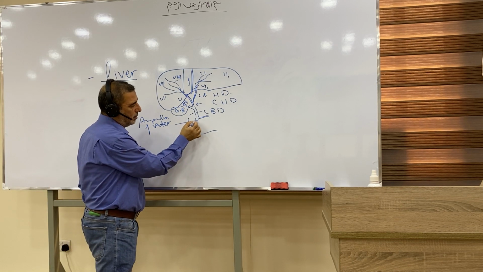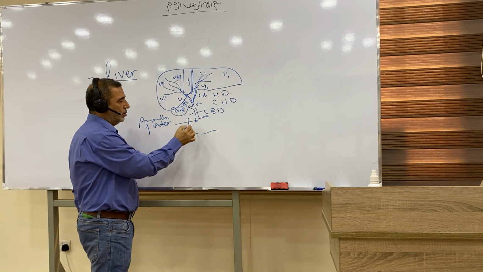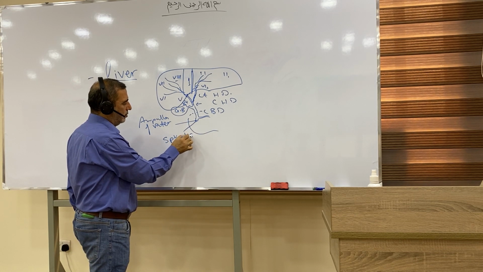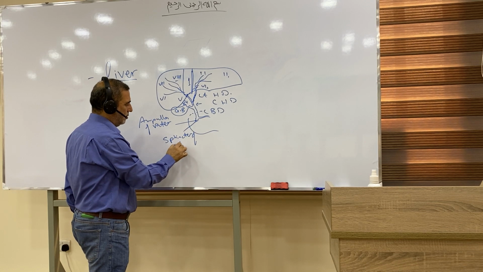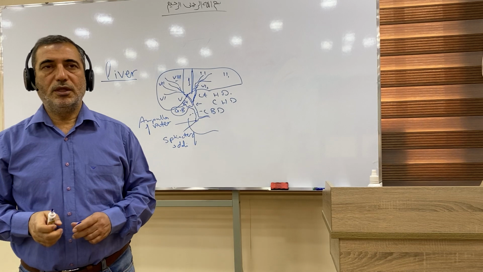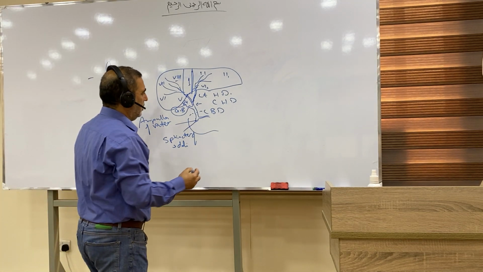This ampulla is controlled by a special sphincter called the sphincter of Oddi. So this is grossly the description of the anatomy of this area.